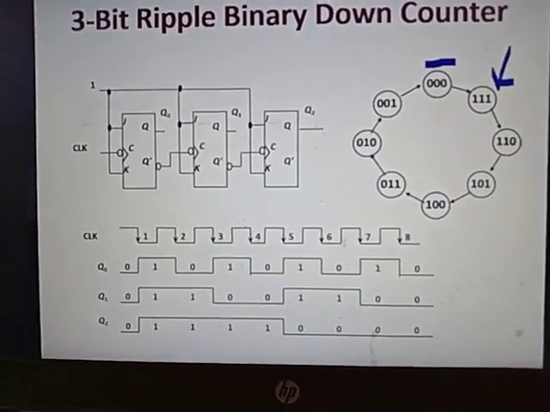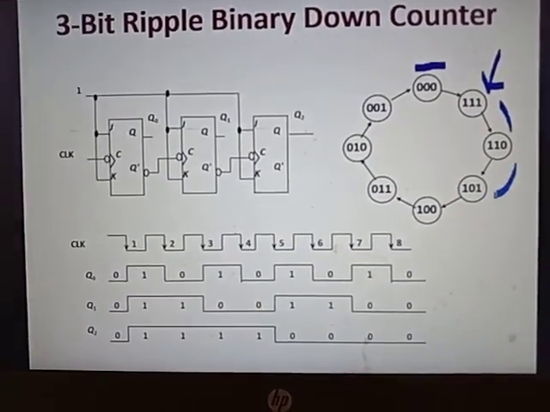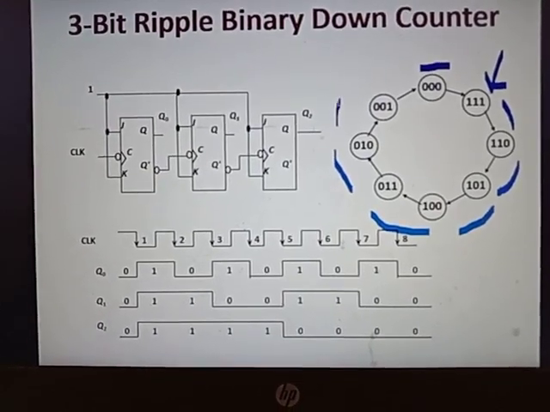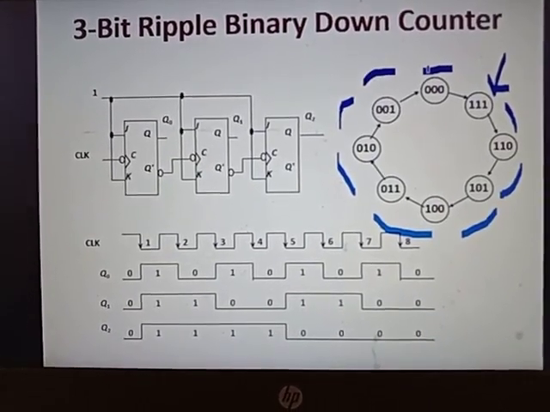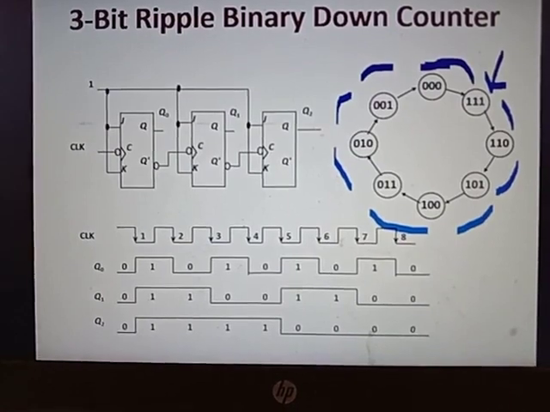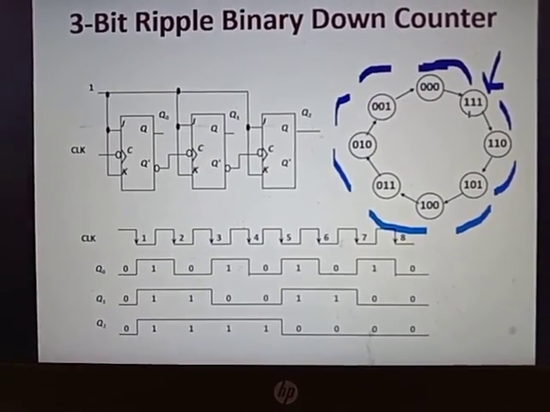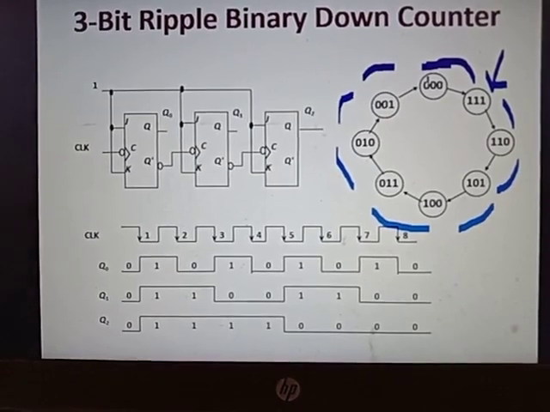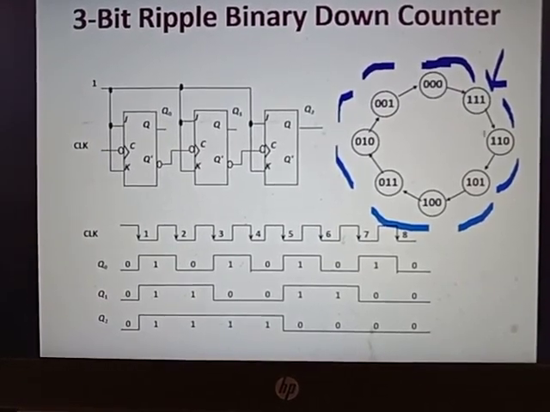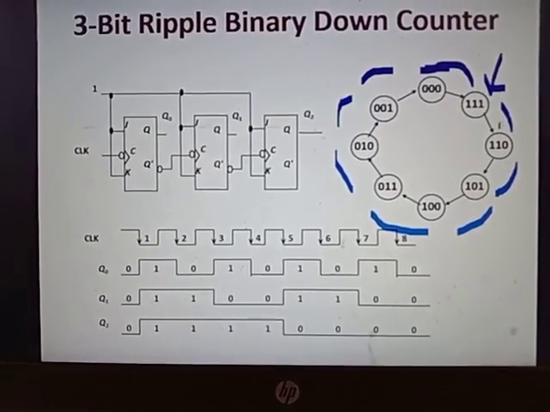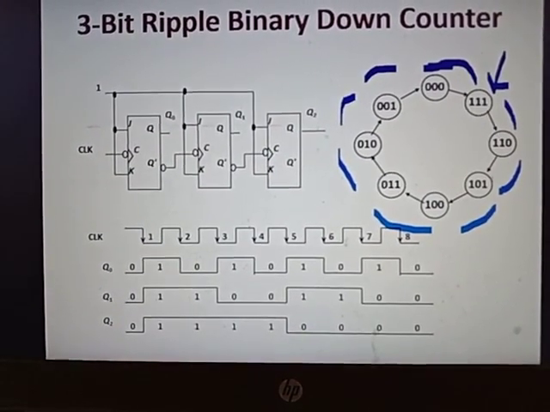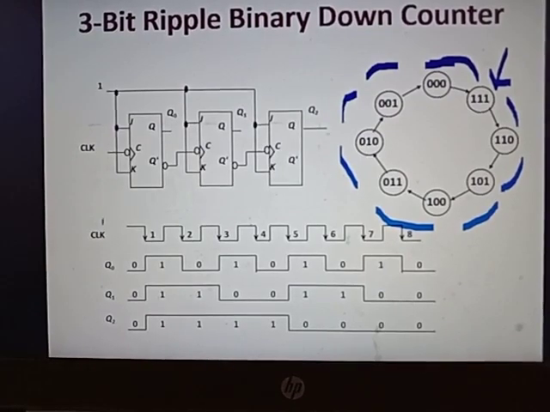So 1 1 1, then it goes to 1 1 0, 1 0 1, 1 0 0, 0 1 1, 0 1 0, 0 0 1, 0 0 0, and finally it again starts from 1 1 1. In terms of decimal equivalence, it is 7 6 5 4 3 2 1 0, and again it starts counting from 7. So this is a diagram which tells you how each state moves to the next state. This diagram is called a state diagram.